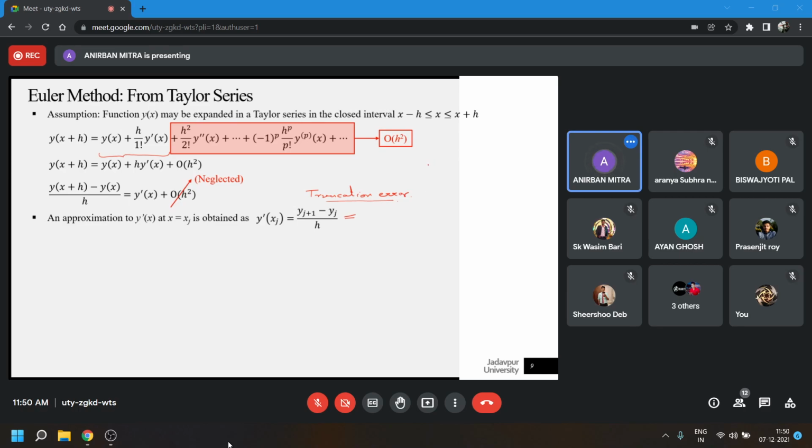In the previous slide, I mentioned that the error in Euler method is of this form, where j is any point in the domain of solution, that means x varying from x0 to xf.